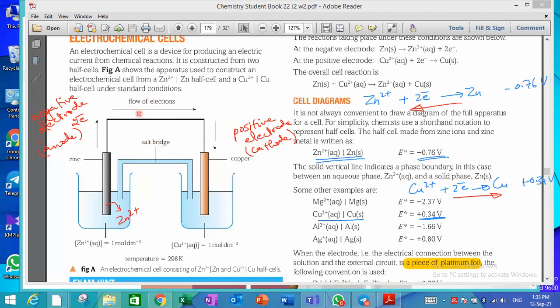But if we want to measure the electromotive force, or the standard cell potential, and we place here a voltmeter, a high resistance voltmeter, so as to measure the standard cell potential of this cell, we say that E naught cell equals E right minus E left. What is E right and what is E left?